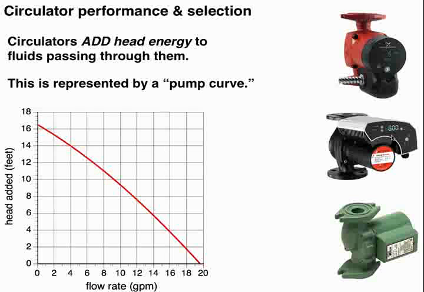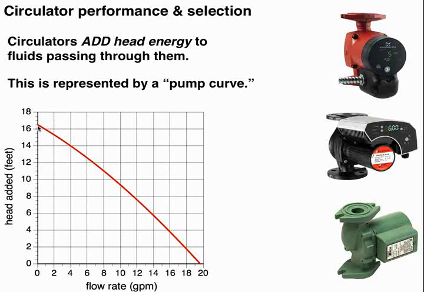And this curve is representing the head added to the fluid. And again, think of head as the foot-pounds of mechanical energy added to each pound of fluid that's passing through. And that amount of energy added to each pound varies with the flow rate.